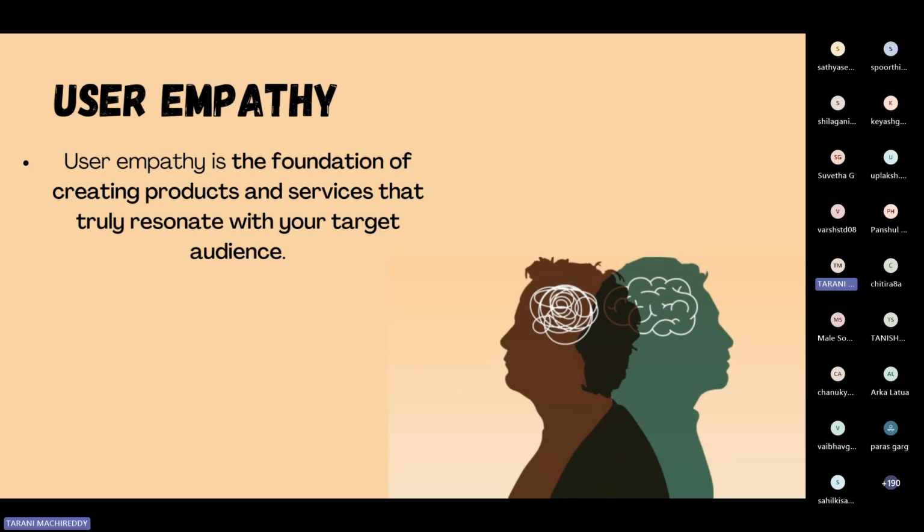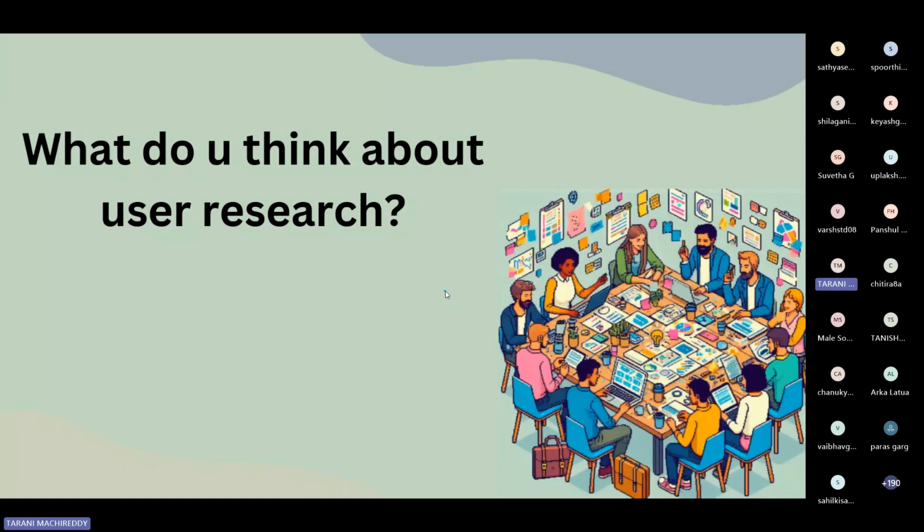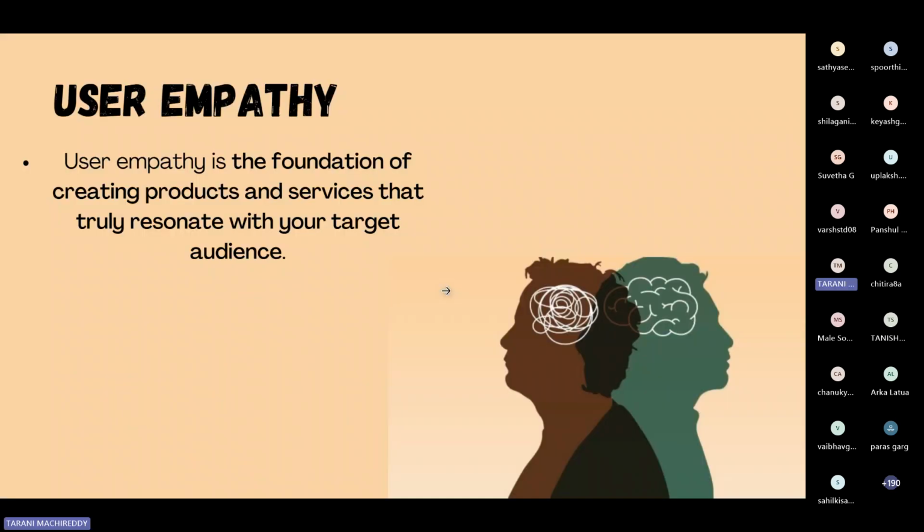So by user empathy, we can conduct home visits and observe patients during their daily routines, and hold in-depth interviews with both patients and healthcare providers. We can design an app which not only provides medication reminders but also includes other features, like a voice call feature which connects patients with the same disease.